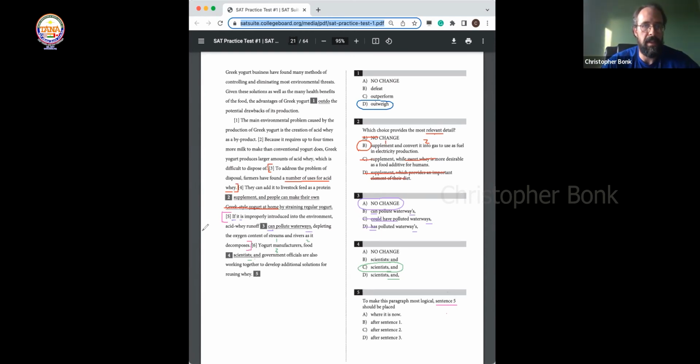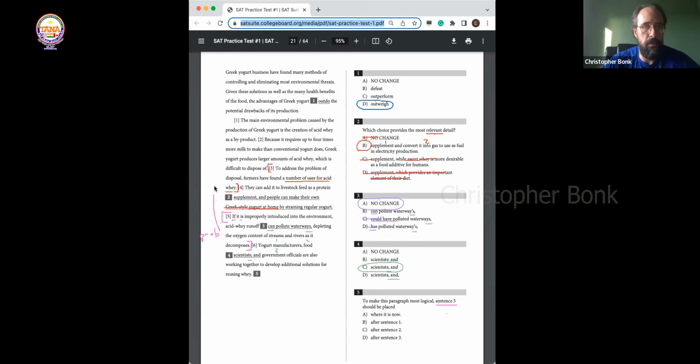So the full sentence, if it is improperly introduced into the environment, acid whey runoff can pollute waterways, depleting the oxygen content of streams and rivers as it decomposes. This is basically a problem statement for us. This is bad stuff. So this makes sense to be discussed where they were further discussing the problems. That was in sentences 1 and 2.